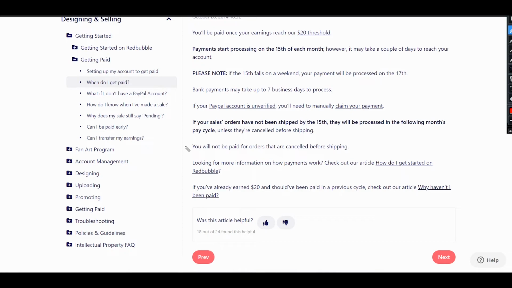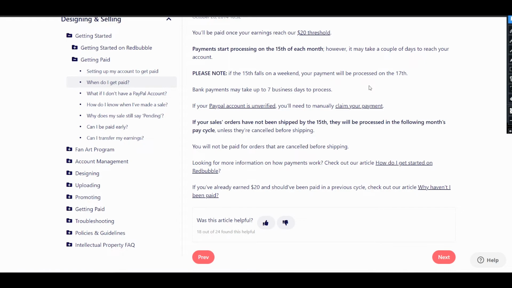And of course, you will not be paid for orders that are cancelled before shipping. Sometimes you can have a letter that you made a sale on the Redbubble platform, and soon you will be paid for this sale.